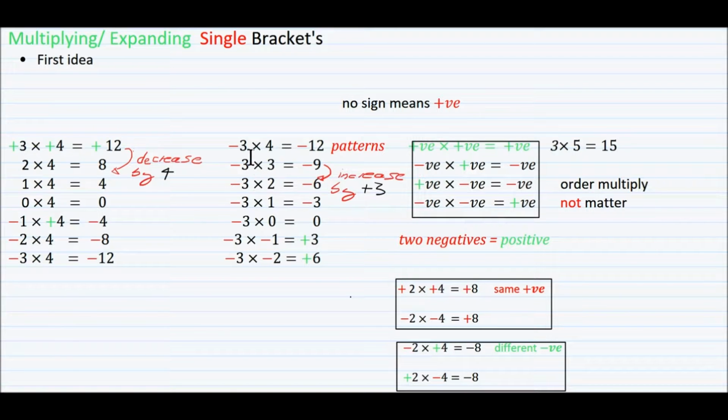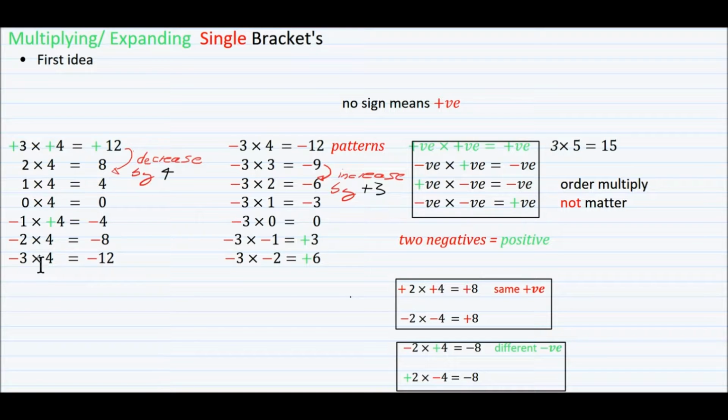Now we're going to go here. What we're going to do here is multiply all these numbers by minus 3, so this stays the same, but these numbers we're going to decrease by 1. So we're going to start with 4, and we know that minus 3 times 4 is minus 12. We're going to start from here.